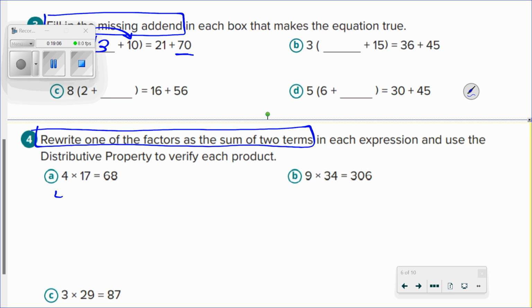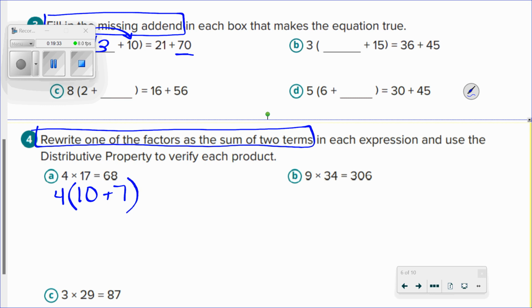4. And how can I break up that 17 into pieces that are easier to multiply? What does that 1 represent? It doesn't represent a 1. What place value is it in? So it represents 10. So I can break it up into 10 plus 7 because that equals 17. Yes?